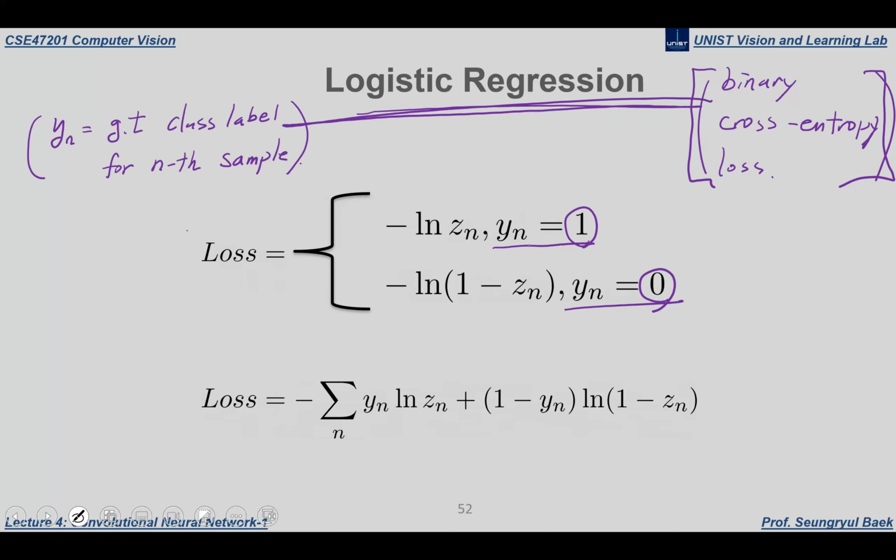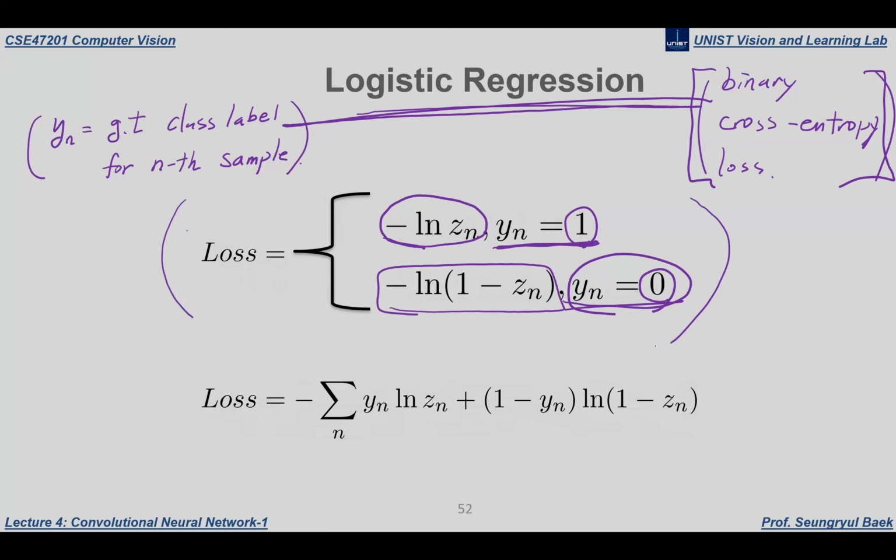For yn, when one sample's semantic class is 1, then we will apply this loss. And for the nth sample whose label is 0, we will apply this loss. That is meant by this formula. And actually here, this is representing exactly the same thing with a different formula.